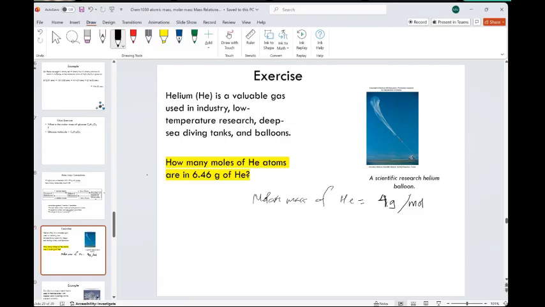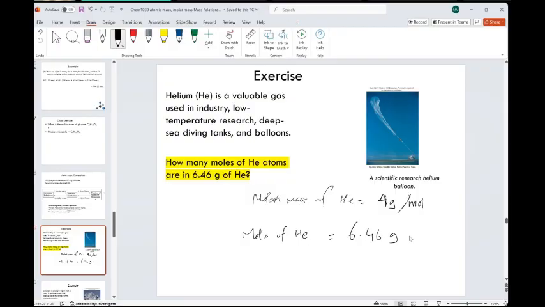So now you just can take the mole of helium equal to 6.46 gram, right? Times, or what? No, it's not times. Divided. Divided by 4?